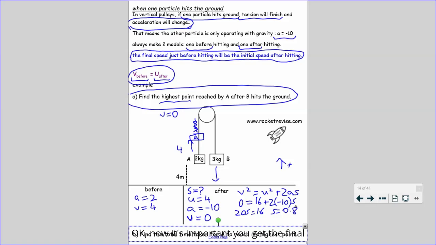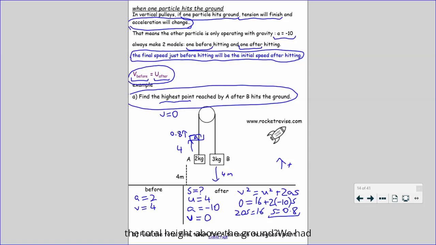Now it's important you get the final answer right. So what will happen here is initially both were 4 meters above the ground. B goes down by 4, A goes up by 4, and then A goes up by another 0.8. So what's the total height above the ground?